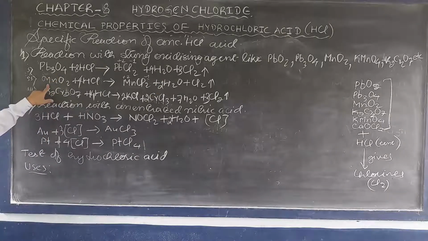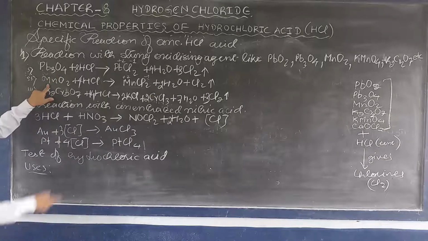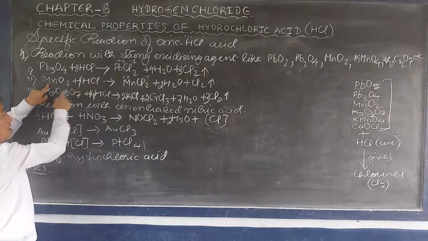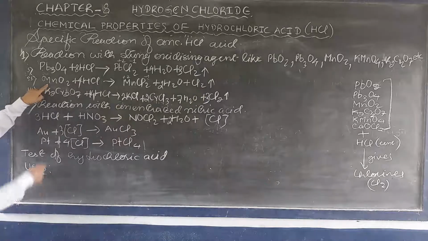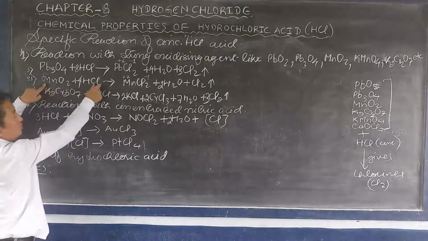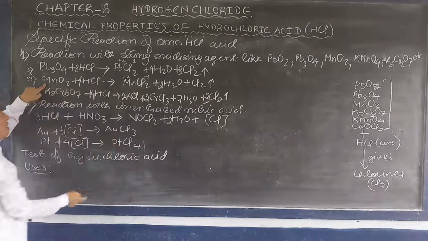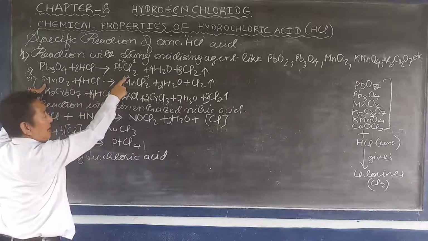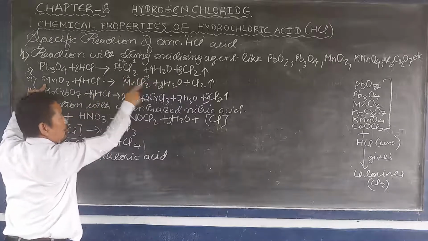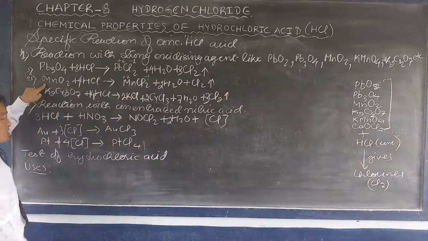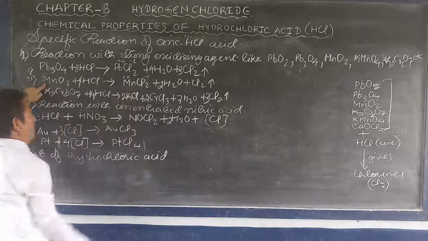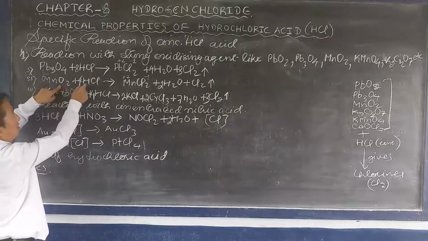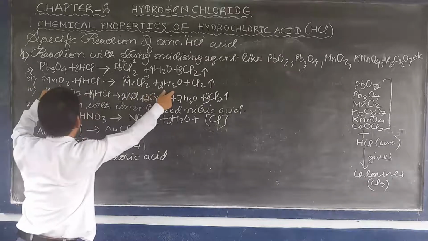Similarly, manganese dioxide, when it is treated with concentrated hydrochloric acid, greenish yellow chlorine gas is evolved. This manganese combines with chlorine, manganese chloride, because the valency of manganese is 2, chloride is 1. On interchanging the valency, the molecular formula of manganese chloride is MnCl2. This oxygen combines with hydrogen, water.